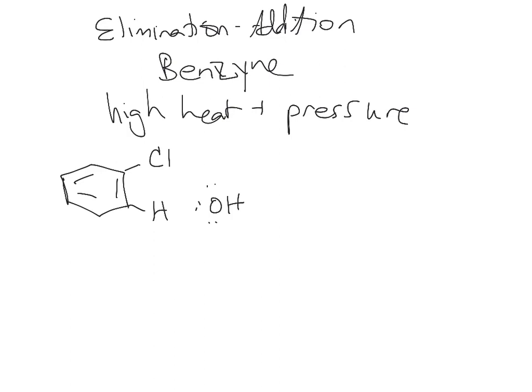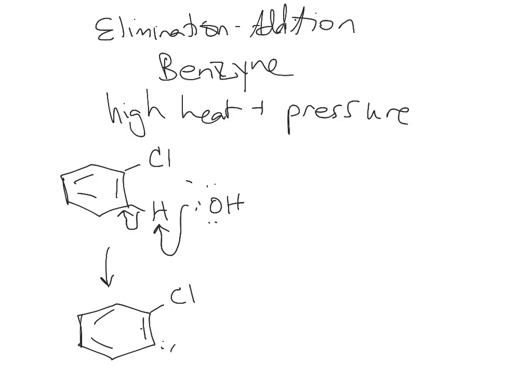Remember, you have a nucleophile that can also act as a base, and it removes this hydrogen, which then puts the electrons here on this carbon. These electrons can then go and form a triple bond here, which makes this halogen leave. This is your benzyne intermediate.